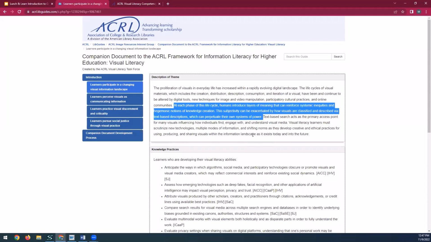So if a student finds an image that I create, they might say, well, there's no alt text. I might not have thought of that because for me, I don't need it, right? But a student might say, well, I do need it. That is something that I need in order to consume this information correctly or to consume this information accessibly.